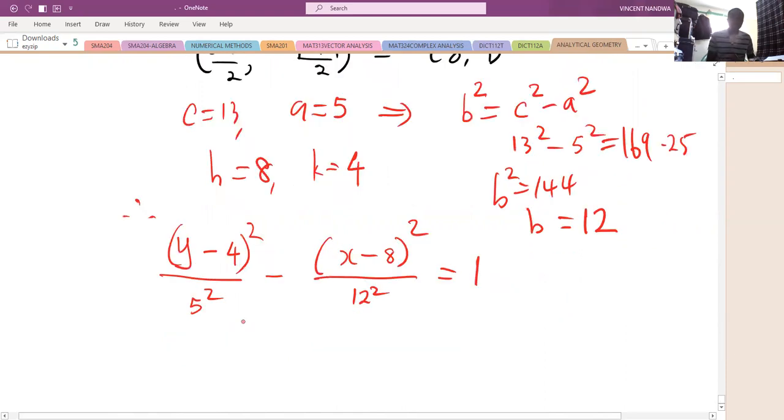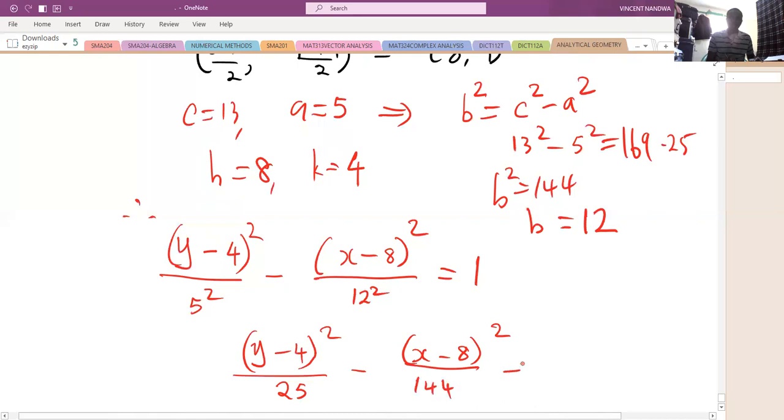So you can just say (y minus 4) squared over 25 minus (x minus 8) squared over 144 equals 1. This is the equation of the hyperbola described in the problem statement. Thank you.